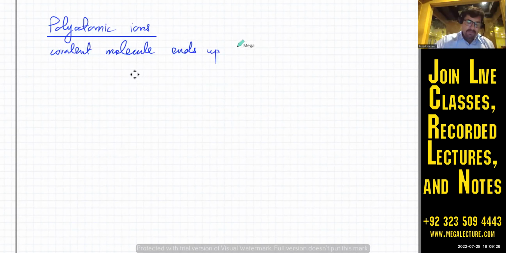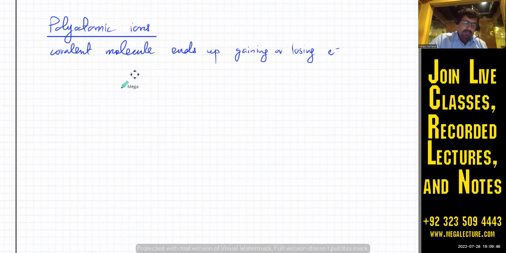So sometimes a covalent molecule ends up gaining or losing electrons. Although the detail is not important and you just have to memorize this, I'll give you one example so that you have some understanding of this.